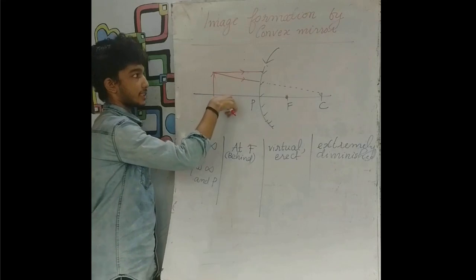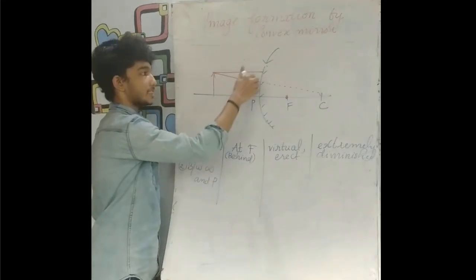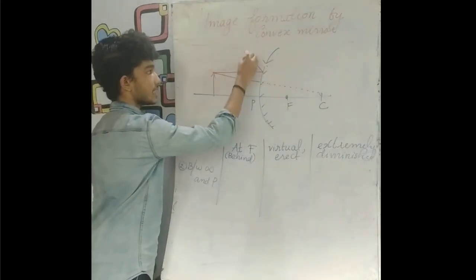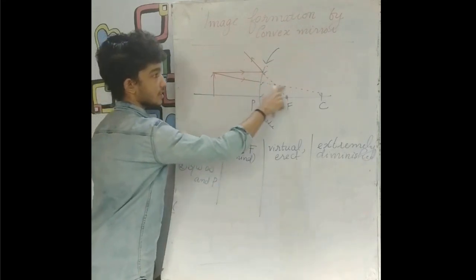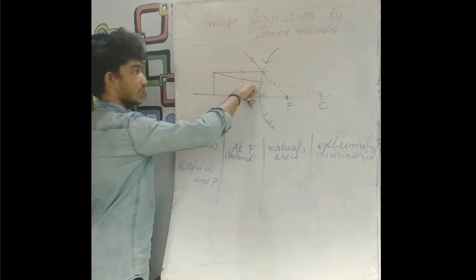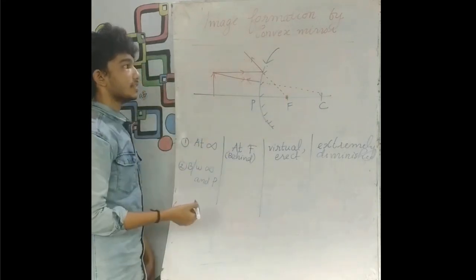The first ray, which is parallel to the principal axis, will appear to come from the focus after reflection, and the second one, which is going towards the center of curvature, retraces its path after reflection.